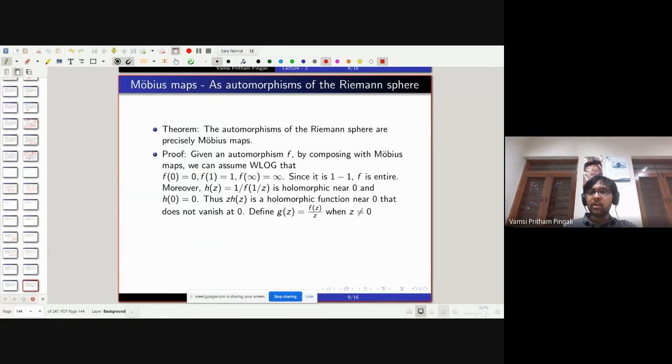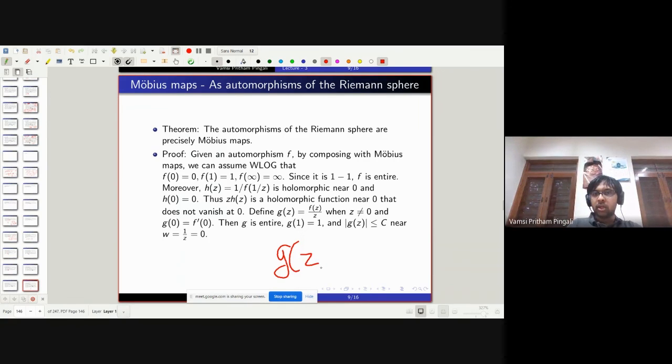So now if you define g of z as f of z by z when z is non-zero, and g of 0 as f prime of 0, the bottom line is g is an entire function, g of 1 is 1, and g is never infinite. G of infinity is also bounded.